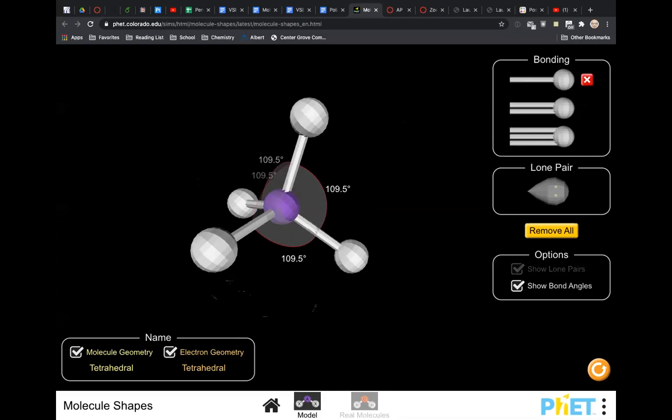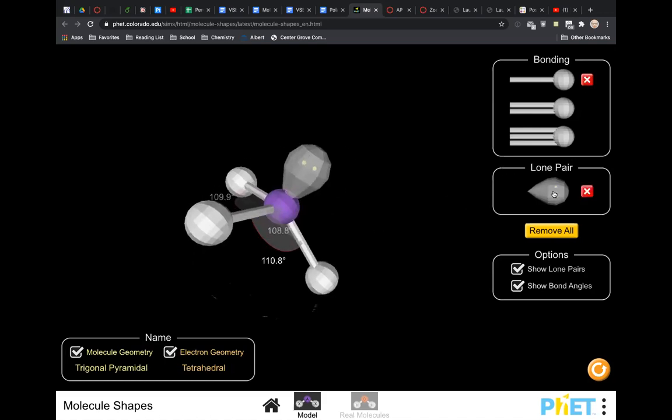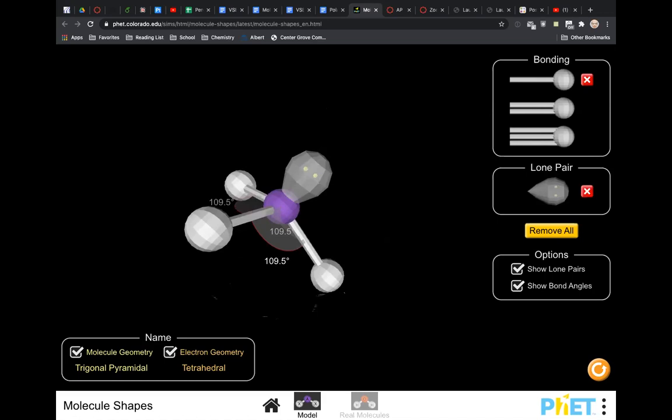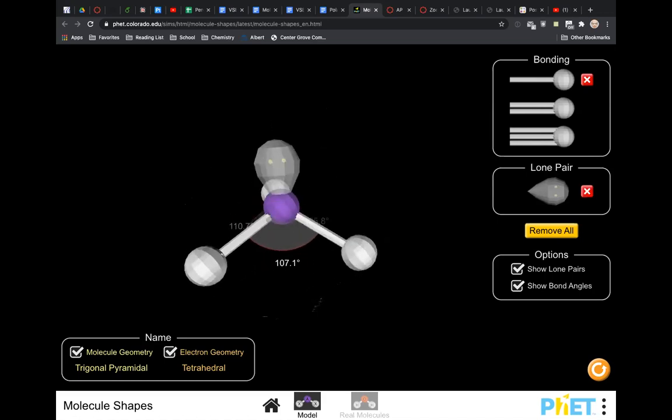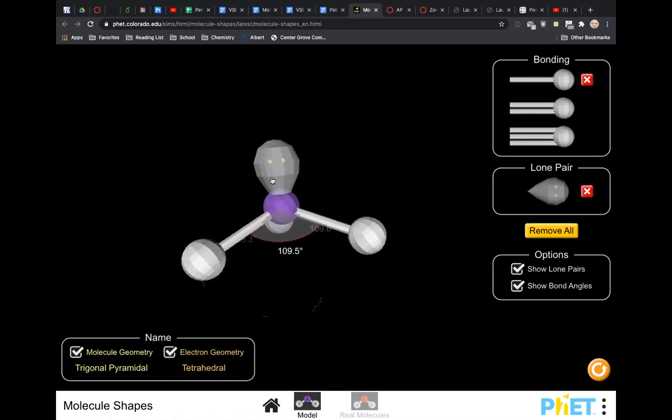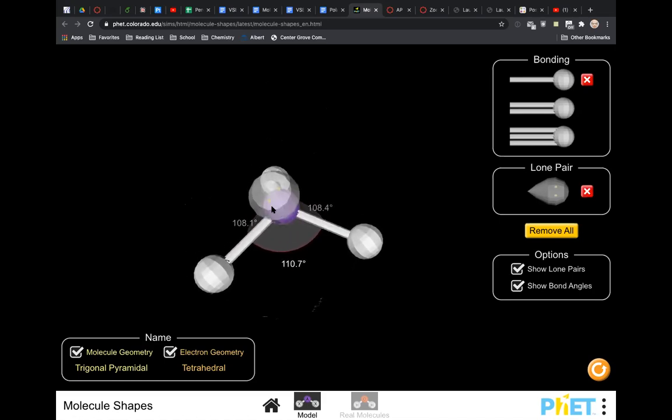Electron group geometry is based on anything, bond and lone pair. Well, they're 4 bonds. They're going to be the same name because they have the same structure based on what they're counting. But again, if I take off that singly bonded atom and put a lone pair, my name changes because molecular geometry only takes into consideration bonded atoms.